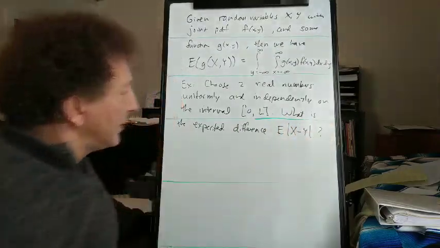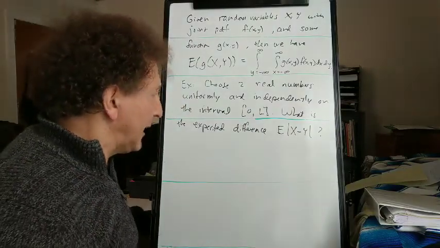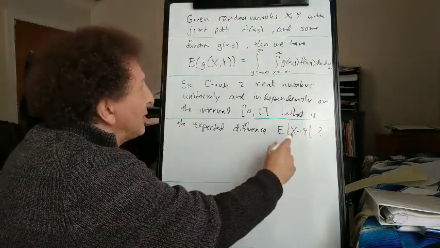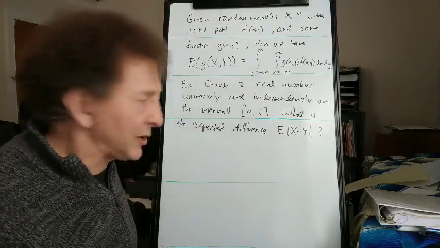So the expected value of the absolute value of x minus y. And I say absolute value here because we don't know whether the first number is going to be bigger or the second number is going to be bigger.